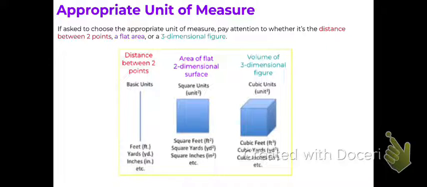So it might be square feet, square yards, square inches. And if it's the volume, like liquid poured into a container, inside a three-dimensional figure, then you're using cubic units. So think about the situation, whether it's basic units, square units, or cubic units.